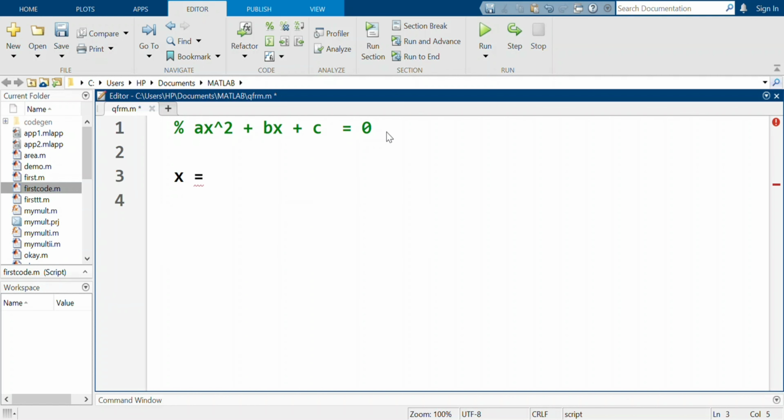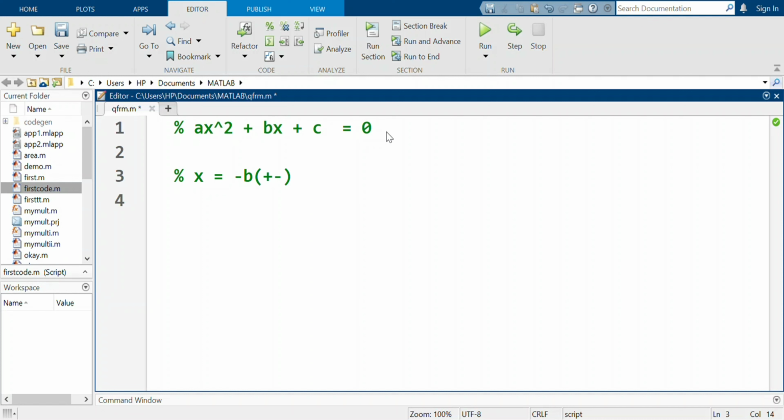The formula that finds the roots of a quadratic equation is x equals, now let's write the percent sign to tell MATLAB that I want to describe something. So x equals minus b plus or minus, so there is x1 and x2. So x1 will be minus b plus, and x2 will be minus b minus the whole line.